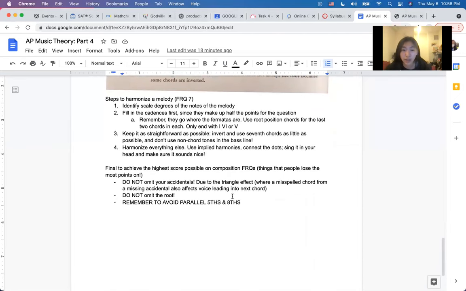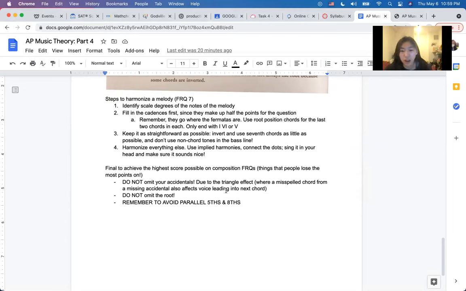So finally, we have tips to achieve the highest score on the composition FRQs. These are the things that people often lose the most points on. And the reason being that if you miss one of these, it takes away points from other aspects of their grading, which really sucks.